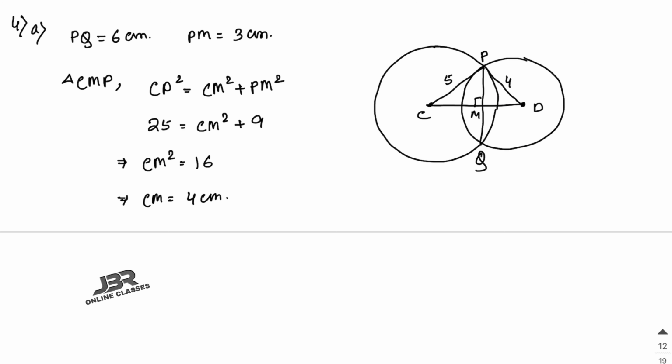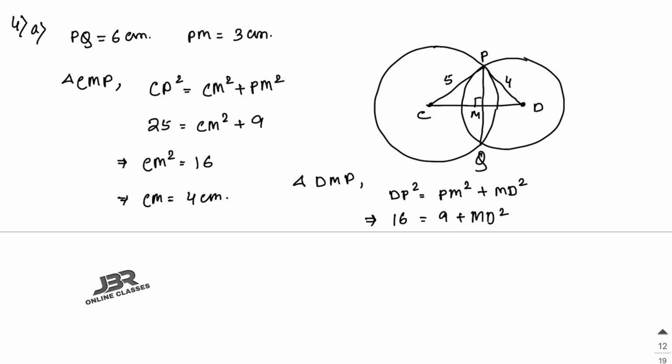Clear? Now from the next triangle, DMP, here DP square is equal to PM square plus MD square. So DP square means 4 square, that means 16. PM square is 3 square, that means 9. So write down directly 9 plus MD square.